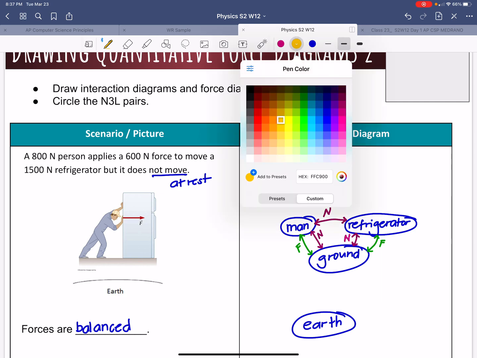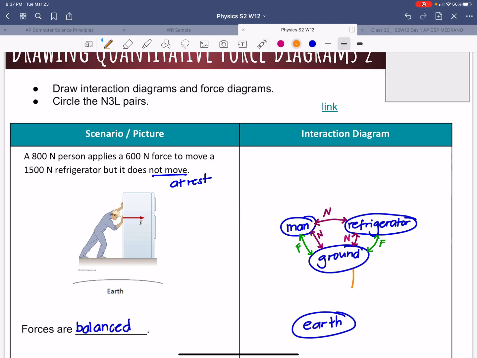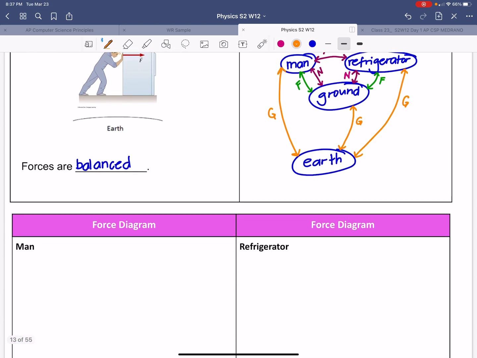And then we have everything interacting with the earth. So we have the ground interacting with the earth, and we have the refrigerator interacting, and now we have the man also interacting. Okay, and so then that is our interaction diagram.